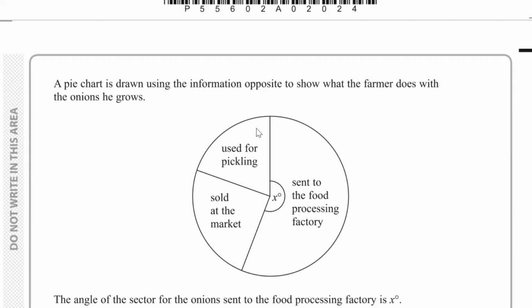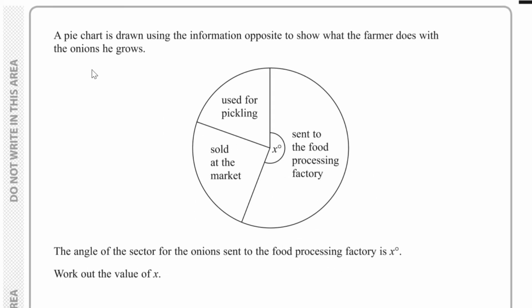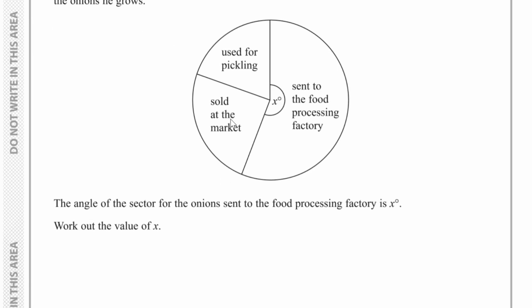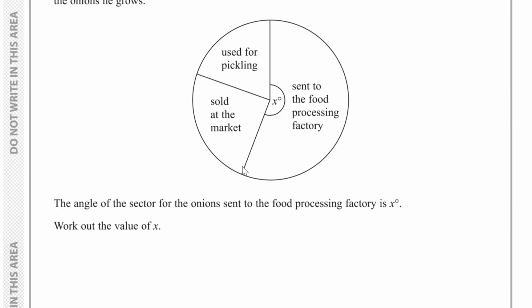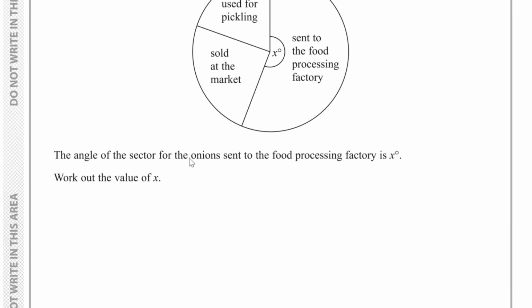And we've got this pie chart over here, which is drawn using the information opposite to show what the farmer does with the onions he grows. So that just basically repeats what he said, but in pie chart form. And the angle of the sector for the onions sent to the food processing factory is x. We have to work out the value of x.